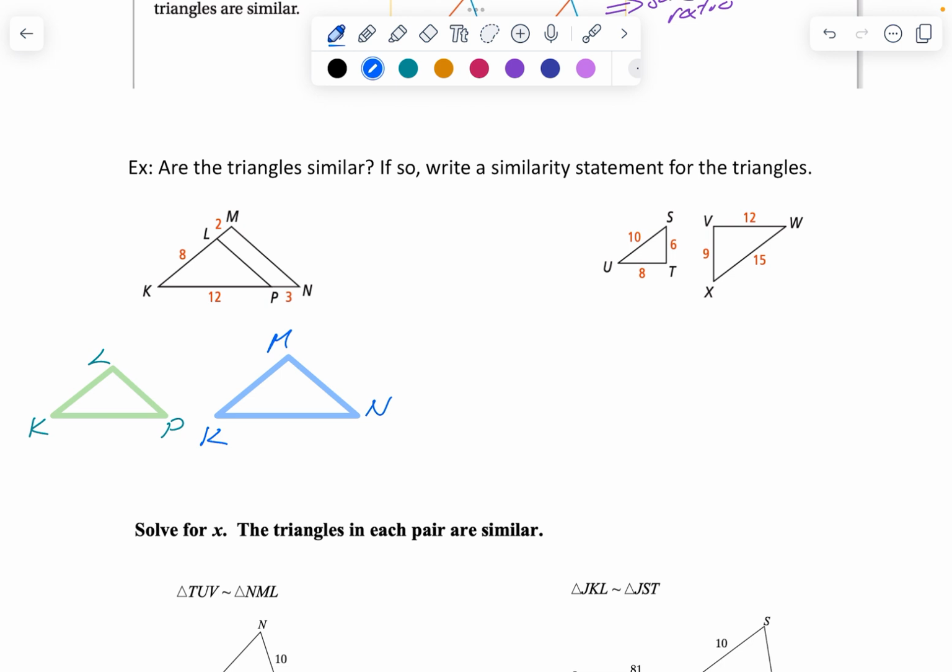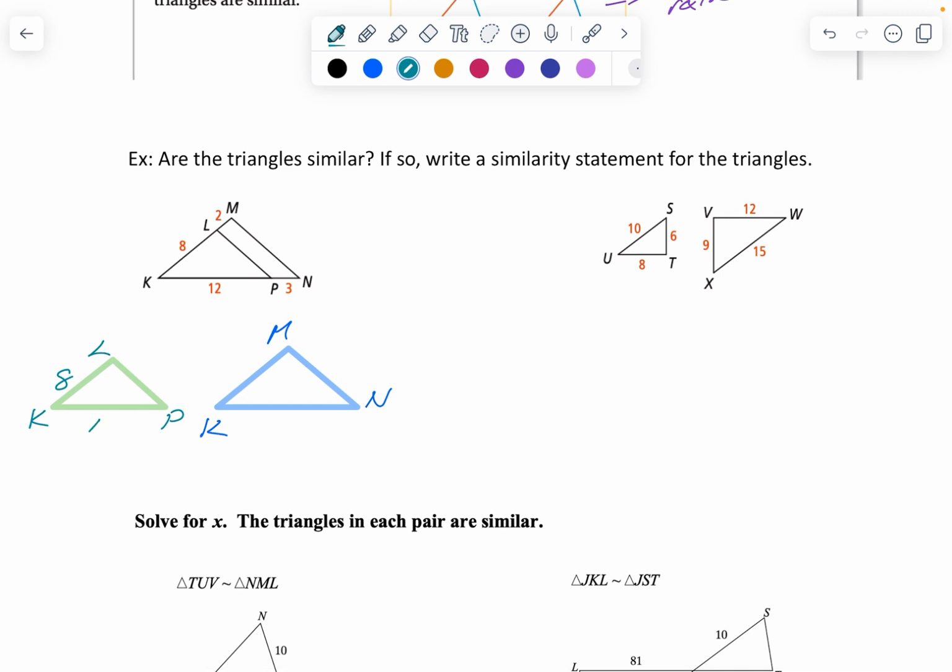And so numbers we can write in are, we know this is 8, this is 12, and then we know this side is 8 plus 2 or 10, and this side is 12 plus 3 or 15. And then obviously this angle K is the same for both, right?